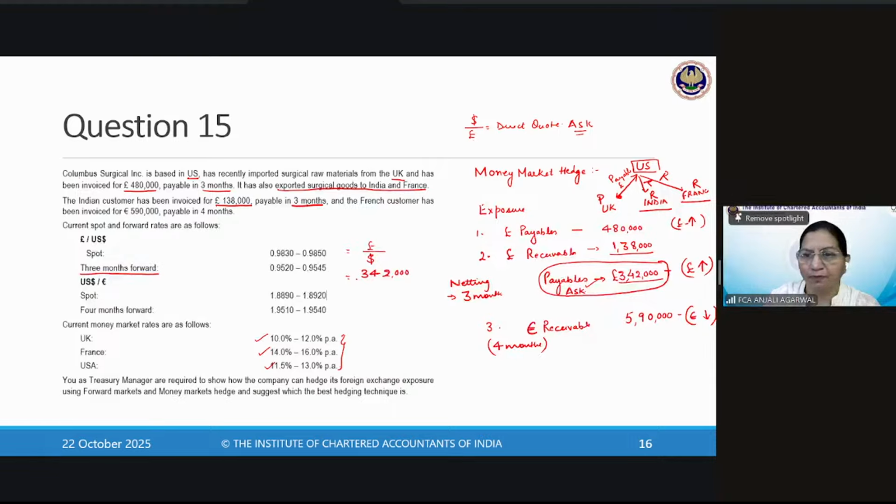So in order to pay 342,000 pounds, we need to pay how many dollars? 359,243.